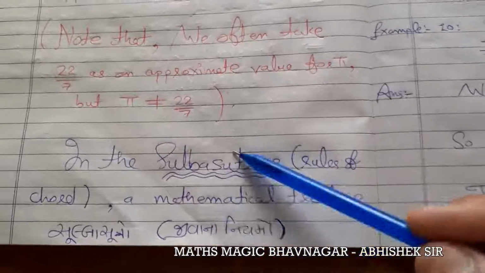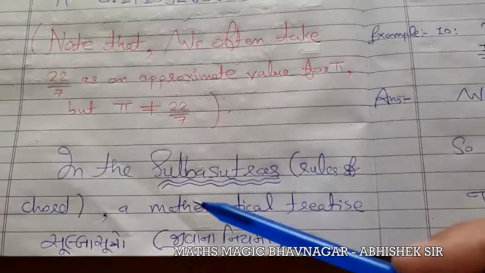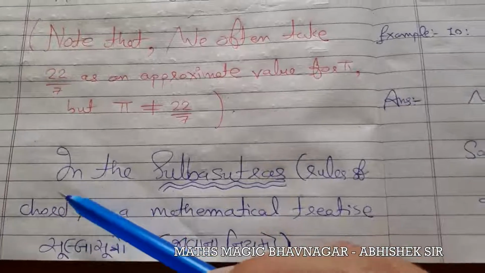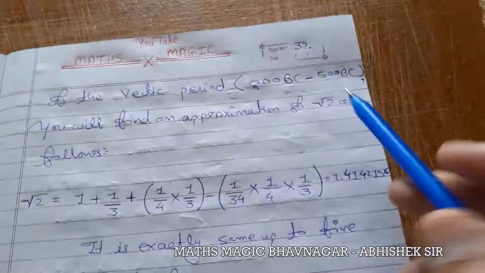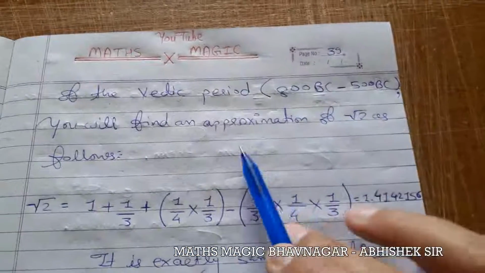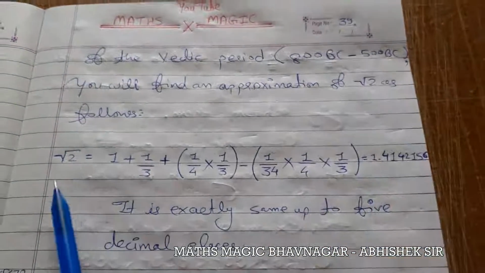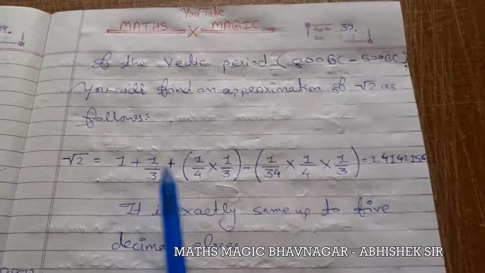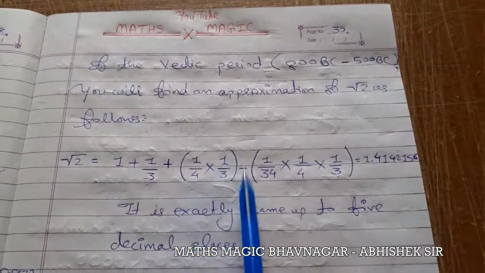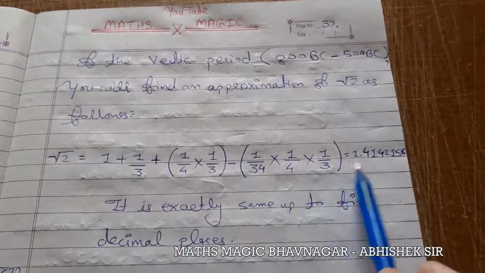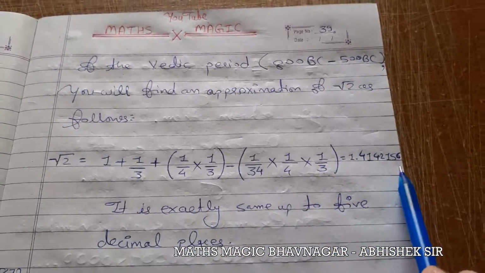Then they are discussing the Sulba Sutras. It is one of the Vedic treatises on the rules of the chord, from the period of 800 BC to 500 BC, in which the calculation of root 2 is described. That is, root 2 is equal to 1 plus 1 by 3 plus 1 by 4 into 1 by 3 minus 1 by 34 into 1 by 4 into 1 by 3. The answer is 1.41421156.